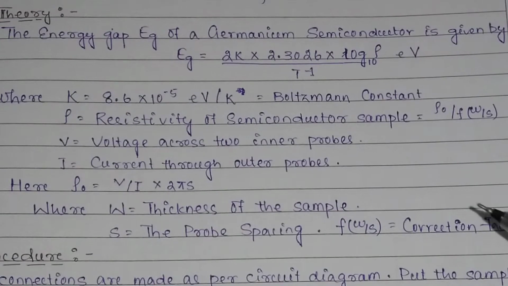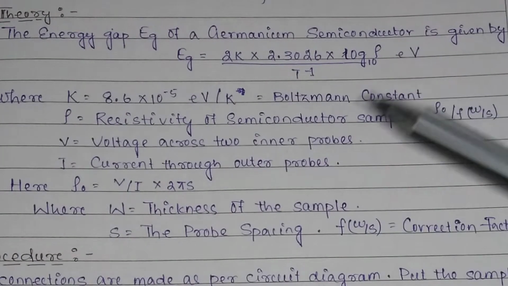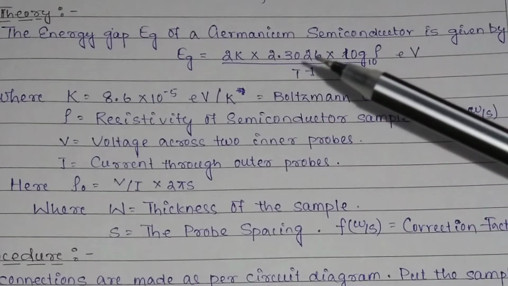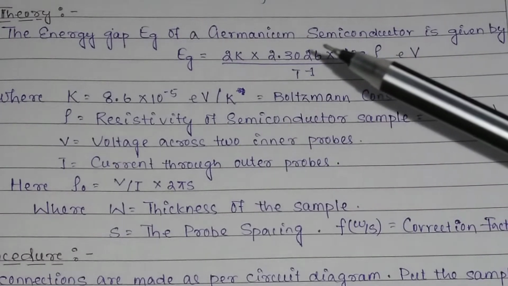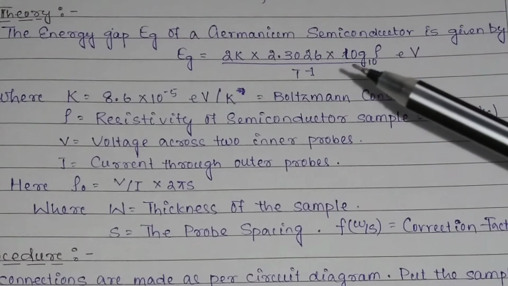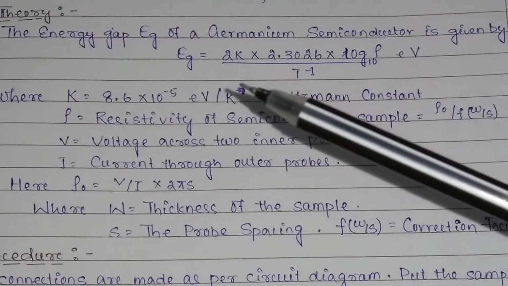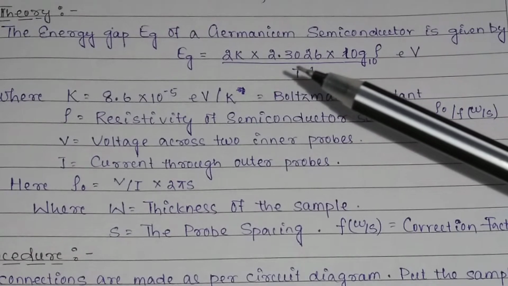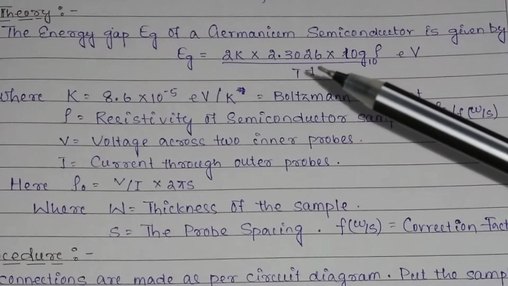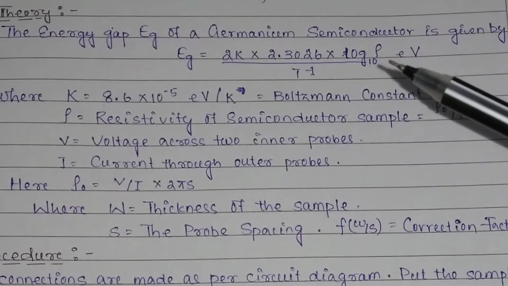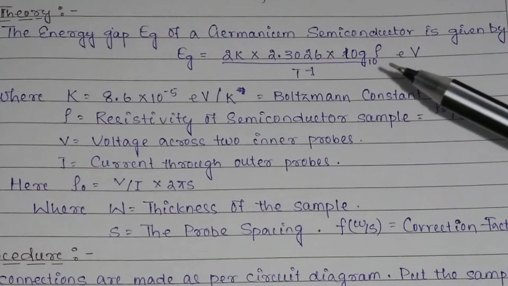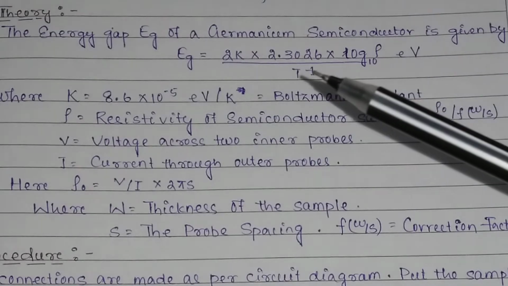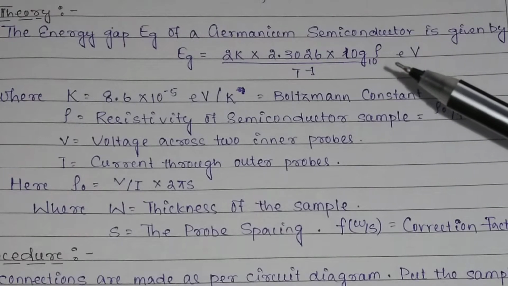In the 4-probe experiment, you are generally asked to find the energy gap Eg of a semiconductor sample, basically a germanium sample, and the energy gap is given by the relation 2k into 2.3026 into log rho divided by temperature inverse, and the energy gap is in electron volt.